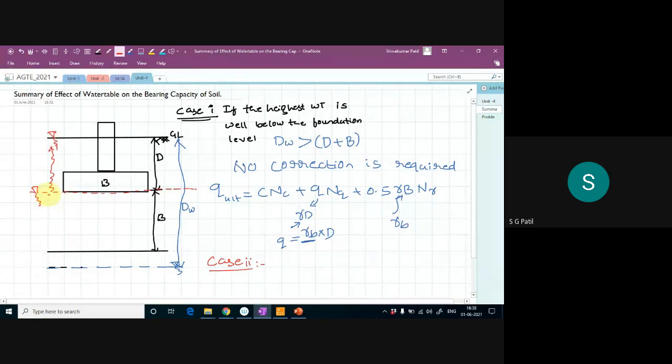So in the second case, the water table is fluctuating within this region, from here to here. My case number 1 was the water table fluctuating from this level downwards. Let me draw that.